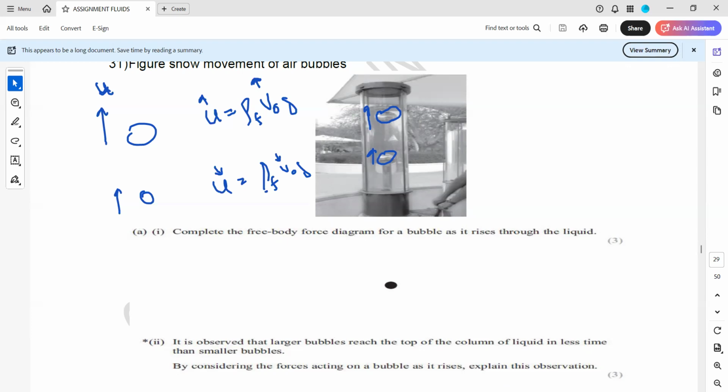When the size is larger, the drag force will also increase, but the increase in drag force is smaller as compared to the increase in the upthrust. Look, upthrust depends on what? Upthrust depends on density of fluid, volume of object, and gravity. And the volume of the object, it's a sphere, so it is equal to 4/3 pi r cubed.